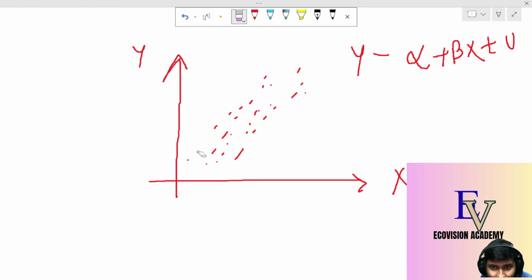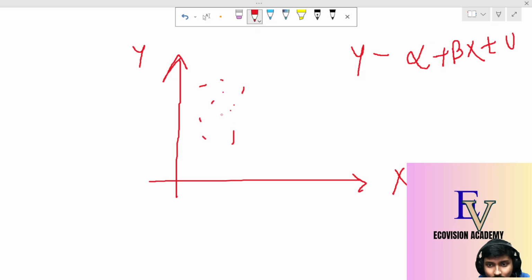This is your regression equation. Now tell me, what if the scatter plot looks like this? What type of relation do we have? Positive, negative, I think in that case it will be 0.